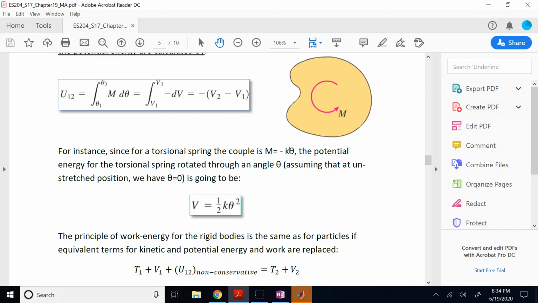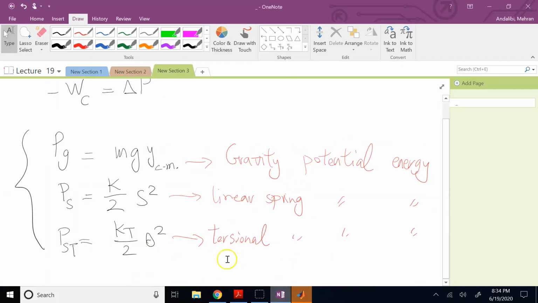So here, if we assume that the torsional spring is not twisted when theta is equal to 0, then the moment, the couple that it applies when you twist it through an angle theta, is going to be negative k times theta. And to distinguish between k of a linear spring and k of a torsional spring, I use k sub t to tell you that this is the torsional constant, not the linear spring constant, because k and kt are two different things.